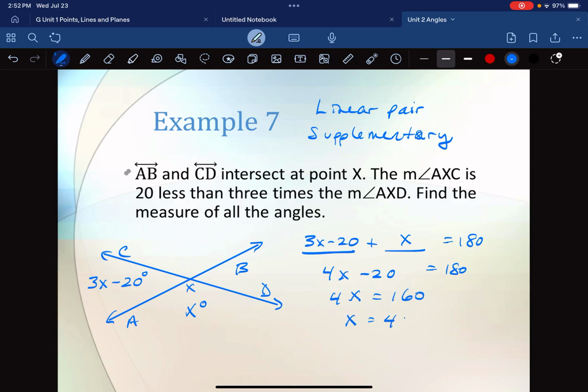Divided by 4 gives me 40. So there's one of my angles, 40, which makes this angle 40. And then 180 minus 40 is 140. So these angles are 140. So my drawing probably would have been better had I made AXC the skinnier angle and AXD the larger angle, but I didn't know, but it's okay. You go by the math, not by the drawing, right? Okay.